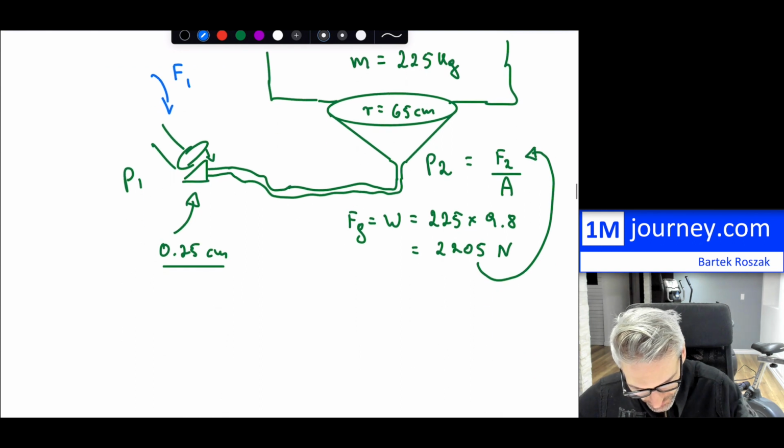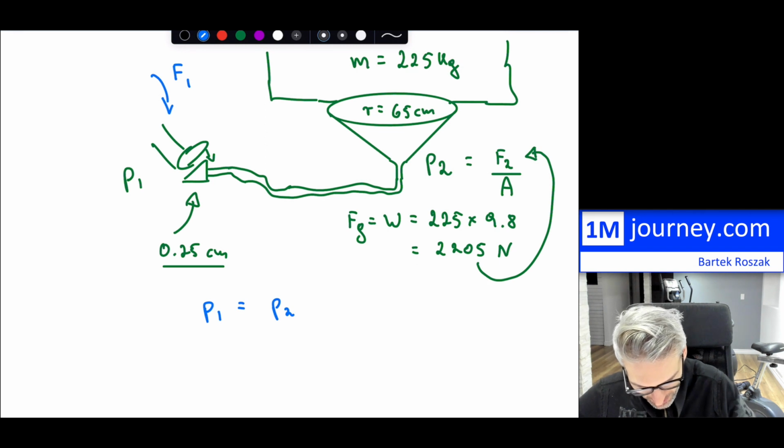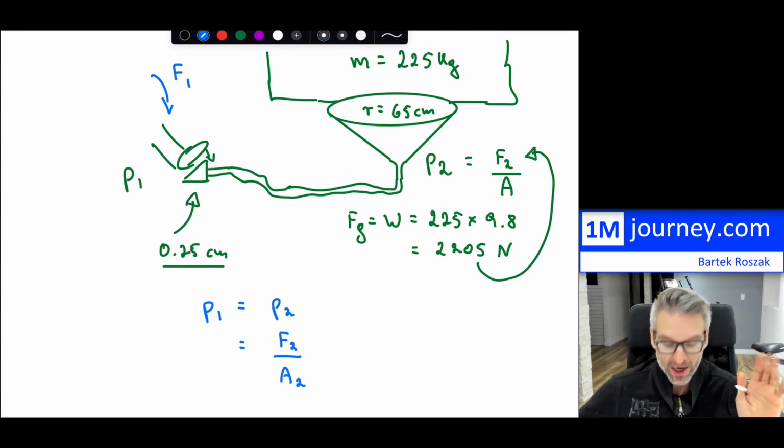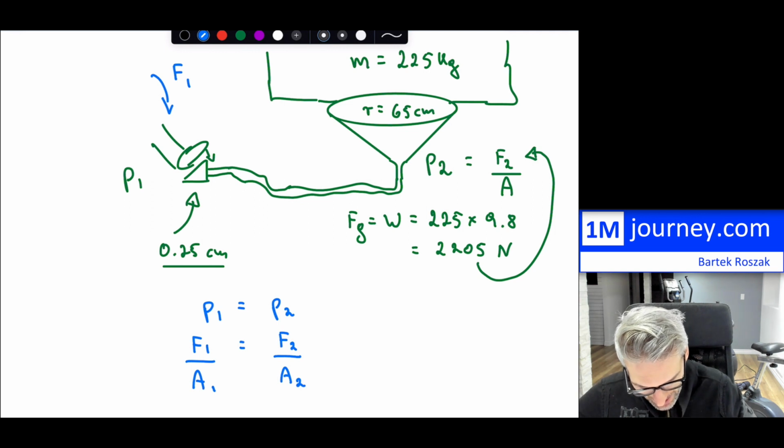All right, so let's try it. We know that pressure P1 is equal to pressure P2. This is by Pascal's principle. So now we have F2 over the area on the side of the chair, and then the force F1 over the area A1, which we have to try to find.